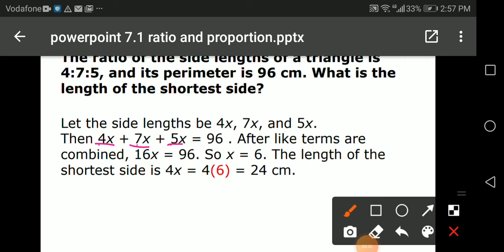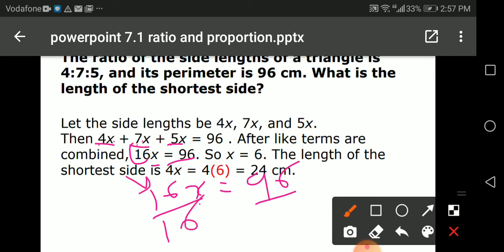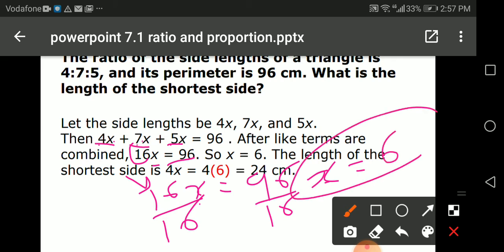So we substitute: 4x plus 7x plus 5x. 4 plus 7 plus 5 gives me 16, the same x, equal to 96. 16x equals 96. I want to get the value of just x, so I divide by the coefficient of x, the number beside x. So x is 96 divided by 16, which gives me 6. So x is just 6.